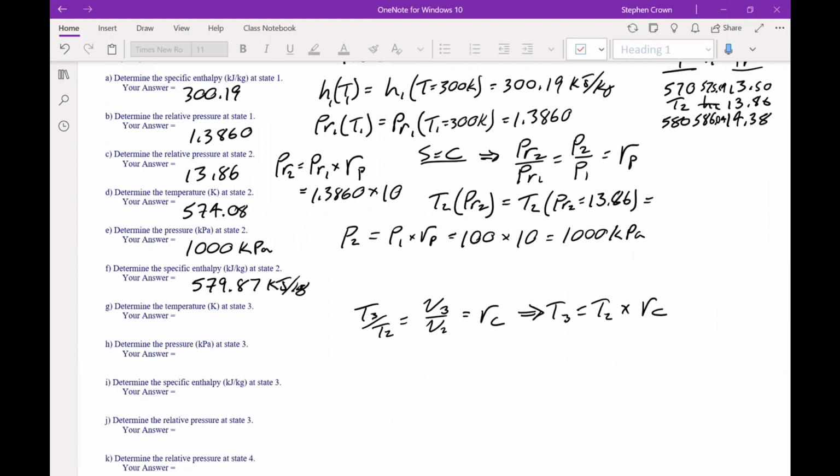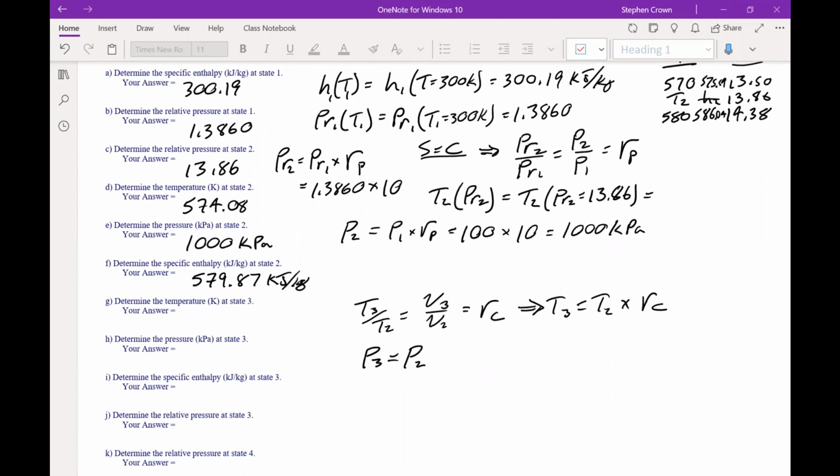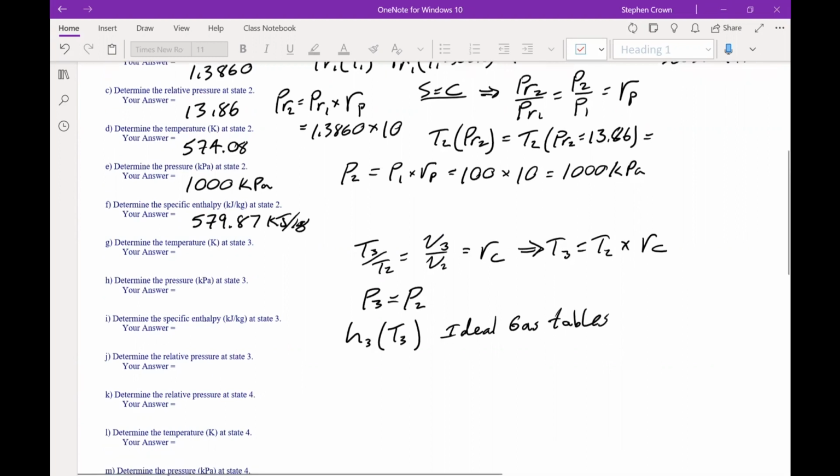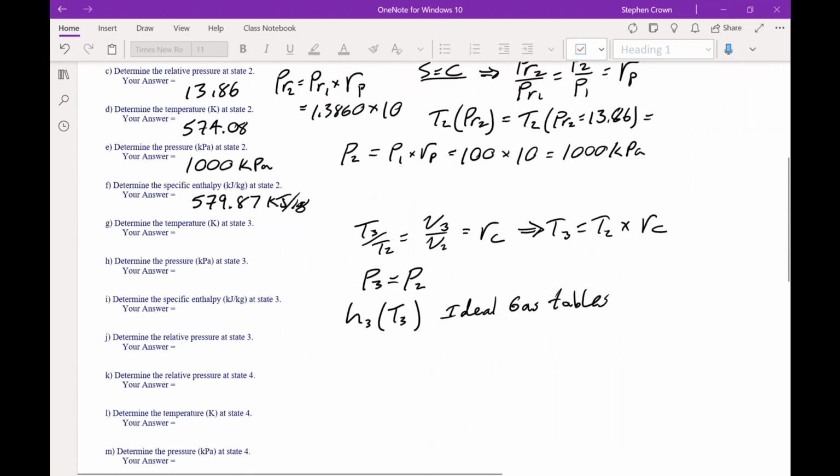The pressure at state 3, P3 equals P2 because it's an isobaric process from 2 to 3. Then the enthalpy at state 3, now that we know T3, is a function of T3, where T3 equals our given value. I didn't calculate it, but let me just leave it as that. And then I use the ideal gas tables. And then finally, the relative pressure is also a function of temperature, so I use the ideal gas tables again.